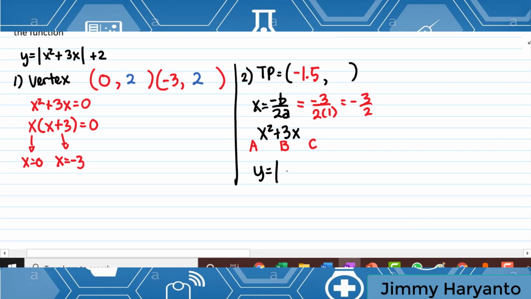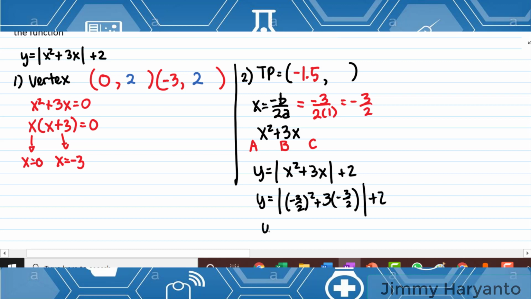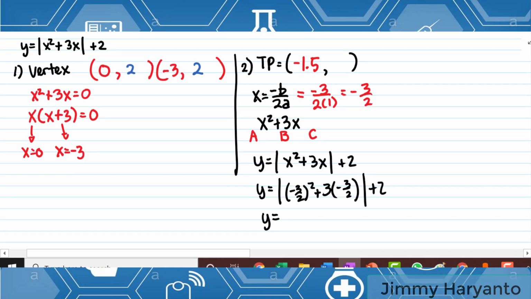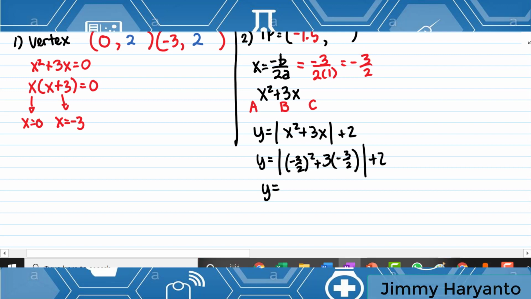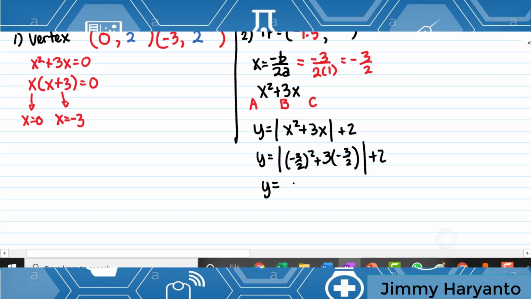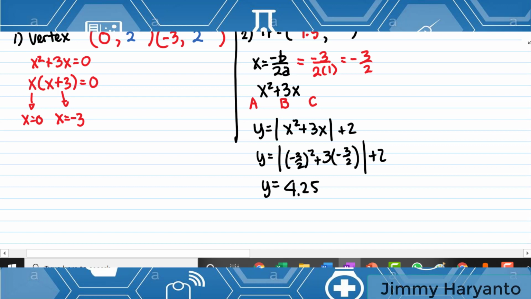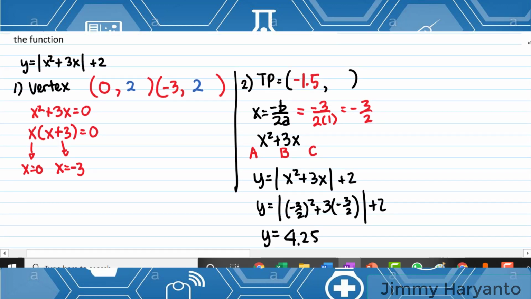Y equals to absolute value of x squared plus 3x, and then plus 2 guys. Y equals to absolute value of negative 3 over 2 squared plus 3 times negative 3 over 2, and then plus 2. Okay, so the result is 4.25 guys, 4.25. So you can write 4.25 for the y of turning points.